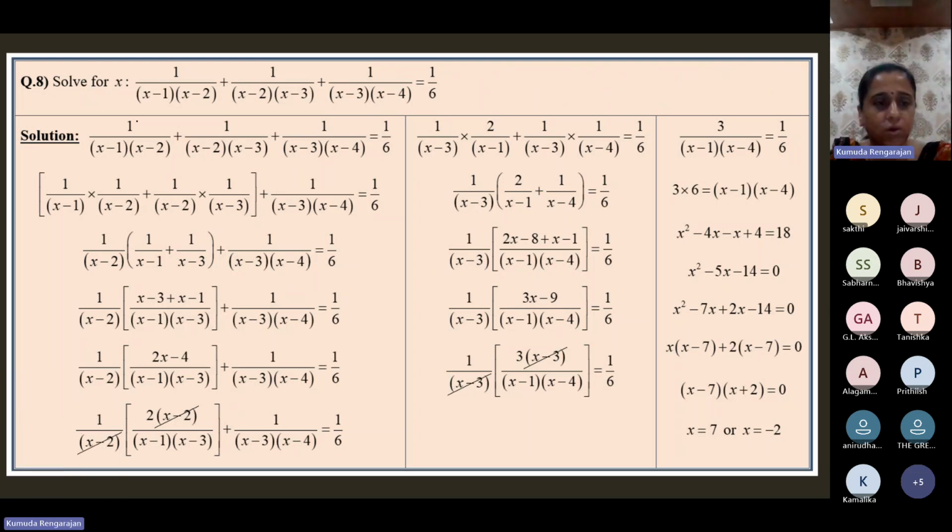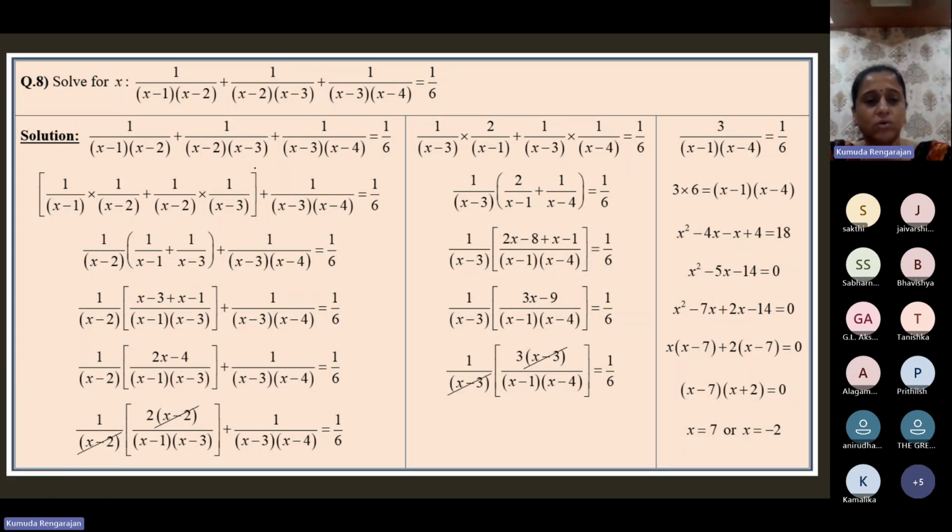In the same way, 1 by x minus 1 into x minus 2 is 1 by x minus 1 into 1 by x minus 2, plus 1 by x minus 2 into 1 by x minus 3. Like 1 by AB, so it's 1 by A into 1 by B: 1 by x minus 2 into 1 by x minus 3.